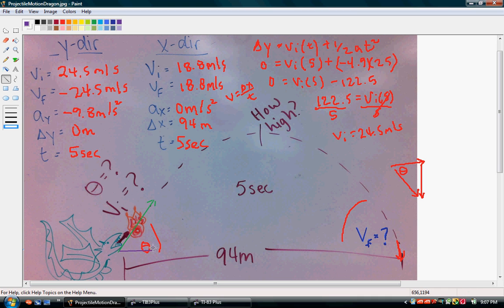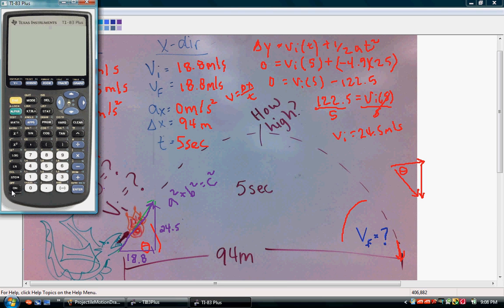And we know that the velocity in the x direction is 18.8 and the velocity in the y direction is 24.5. 18.8 and 24.5. So the way that we would find our final velocity, this vector here, is we use the Pythagorean theorem. So a squared plus b squared equals c squared.